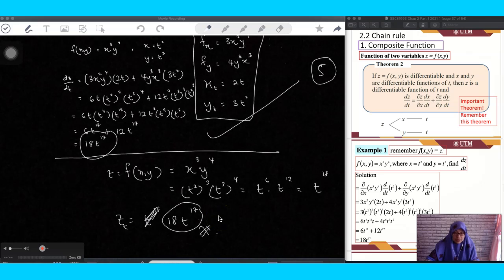If the total mark is 5, then I just give you 1. You cannot get full marks even though you provide me the correct answer because you are not following the instruction. This one you solve without using the chain rule. So hopefully you understand. This is also correct, but the objective is to learn about the chain rule.